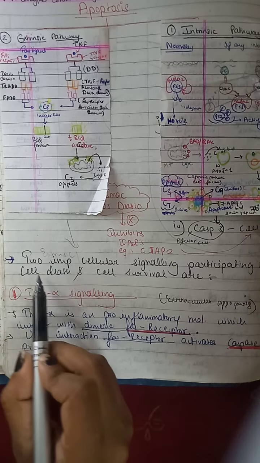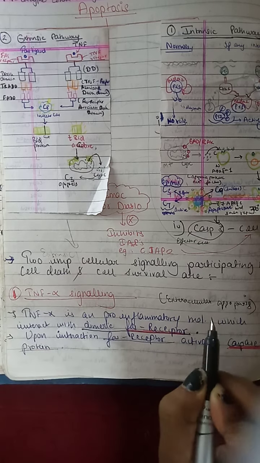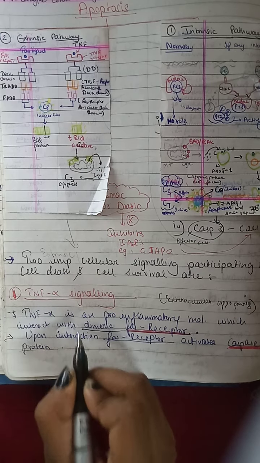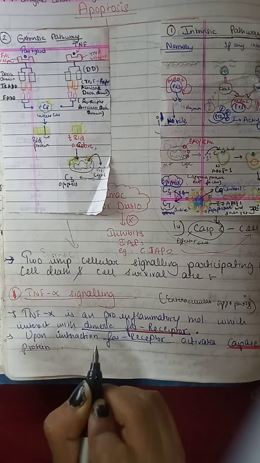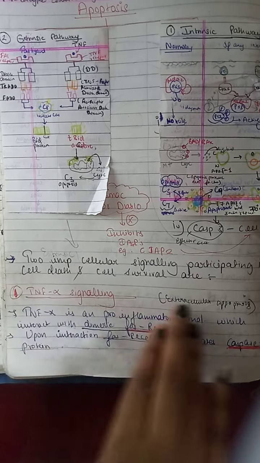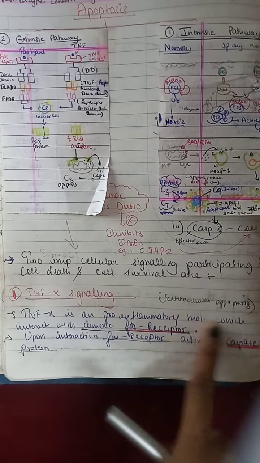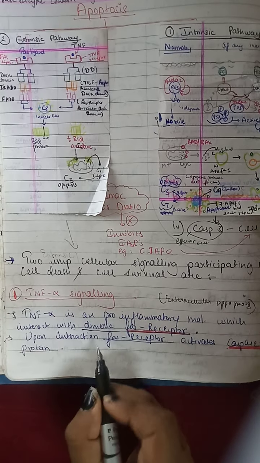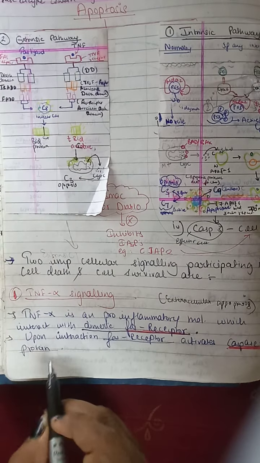So two important cellular signalings participating in cell death and cell survival are, first, TNF alpha signaling, that is tumor necrosis factor alpha signaling. This signaling usually occurs in extrinsic apoptosis. TNF alpha is a pro-inflammatory molecule which interacts with the dimeric FAS receptor, as we already saw.